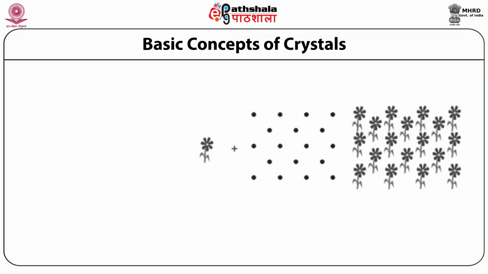In this slide we see the basic concepts of crystals that we are going to talk about. How you define a crystal is described in this slide. You can see it written as basis plus lattice equals crystal, which is shown pictorially in the slide.